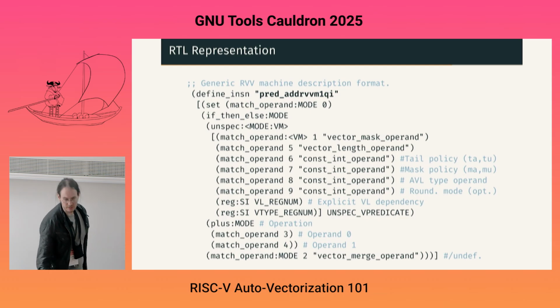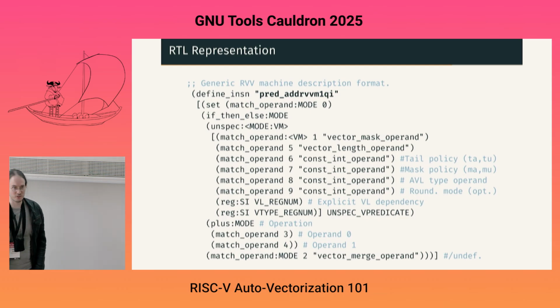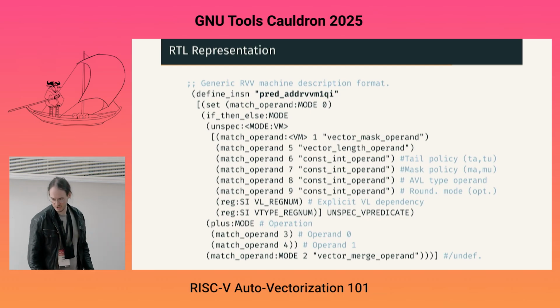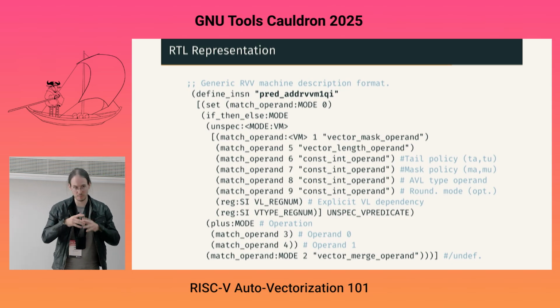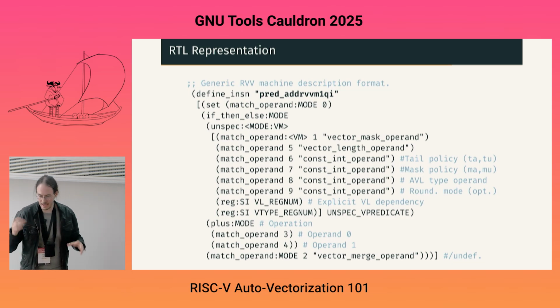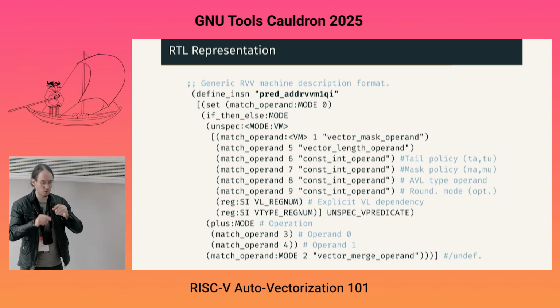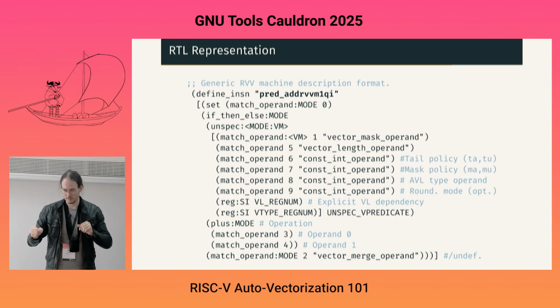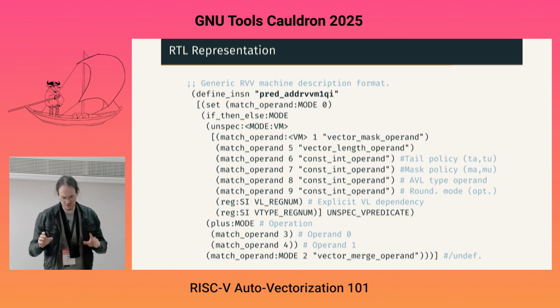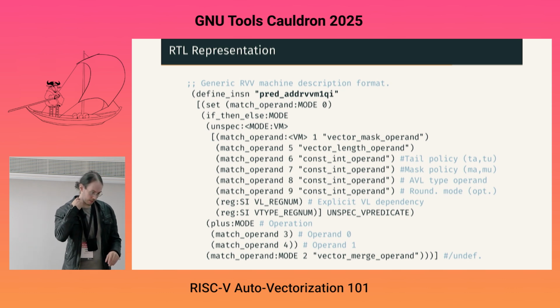Quick word about RTL. So this is the ugly mess of what we have in RTL representations. I mean, as I said, two masks, a number of vector types that need to be encoded. In the end, it's an if-then-else. So if mask, then do this, otherwise do that. This is all somehow also documented in vector.md in our backend.